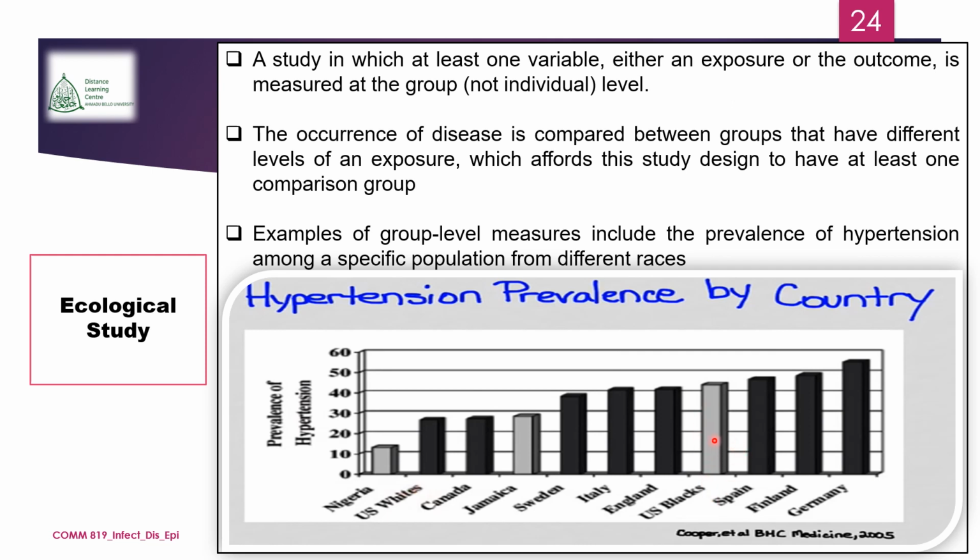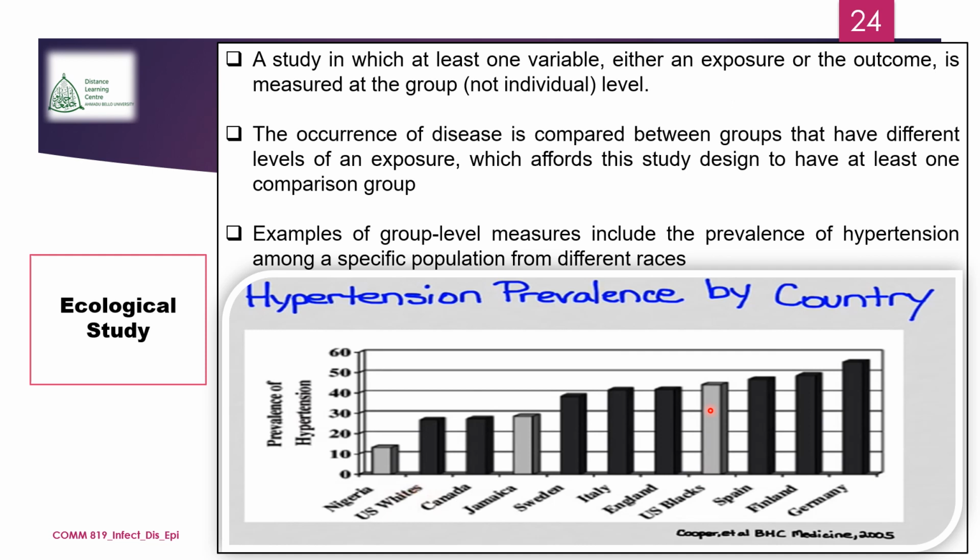They observed that usually the rate and the prevalence of hypertension is higher in US black when you compare with US white. You can see this is US white, and this is US black.